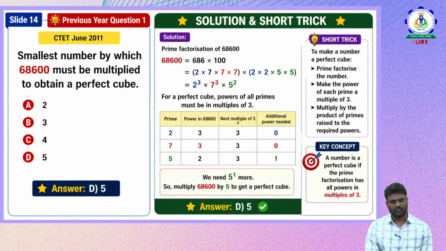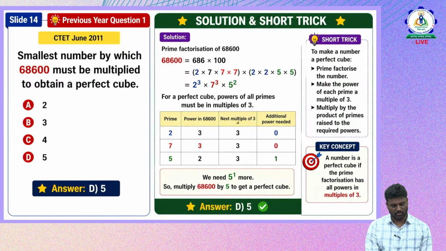They gave the number 68,600, and they're asking for the smallest number it must be multiplied by to obtain a perfect cube. Just by seeing the options we cannot say that 2 is the smallest, so let us try to see which is the smallest number.